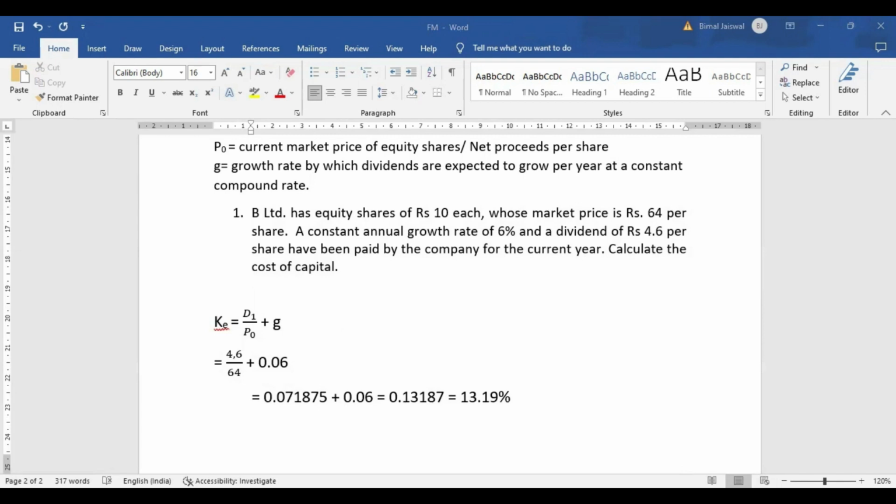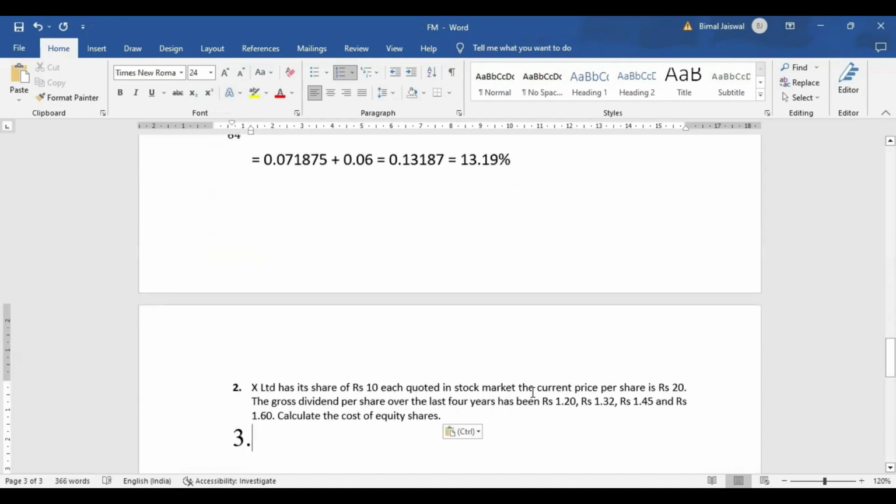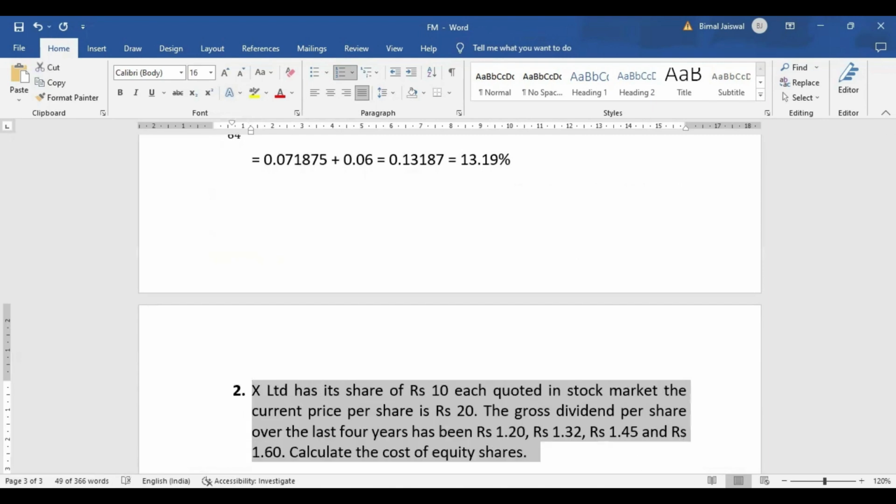Another one for practice, we can take a second type itself. Some application of mind can be there. X Limited has its shares of rupees 10 each quoted in the stock market.